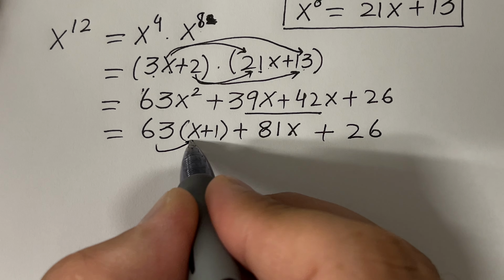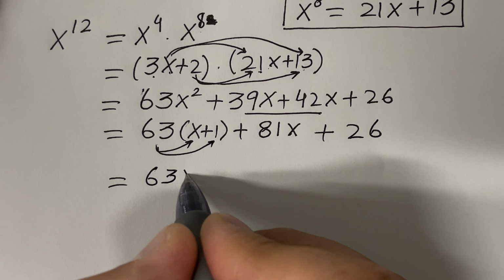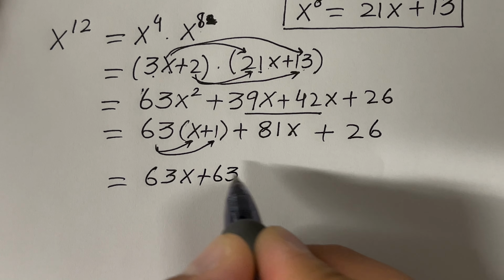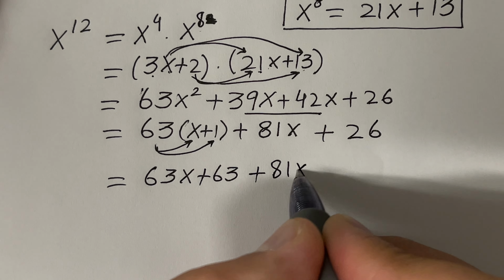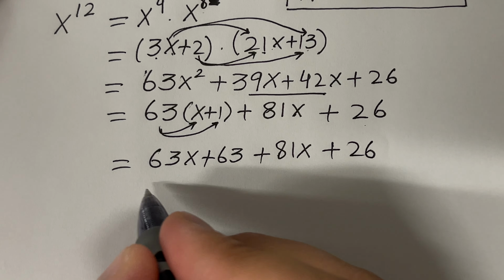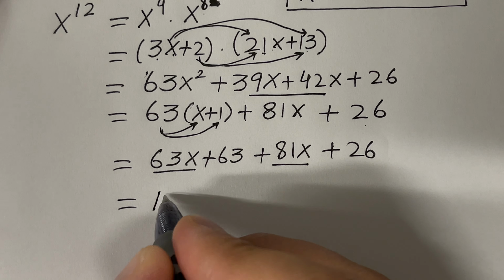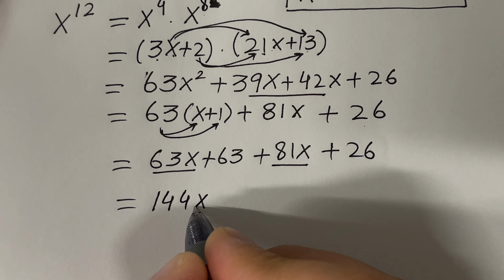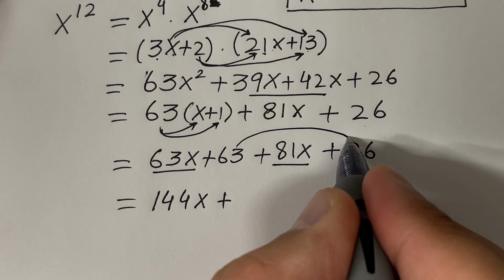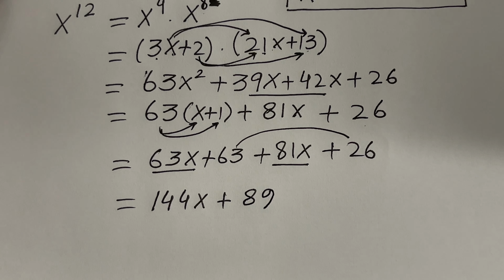Okay, let's multiply this guy with x plus 1, then we will have 63x plus 63 plus 81x plus 26. And now 63x plus 81x is equal to 144x, plus 63 plus 26 is equal to 89.